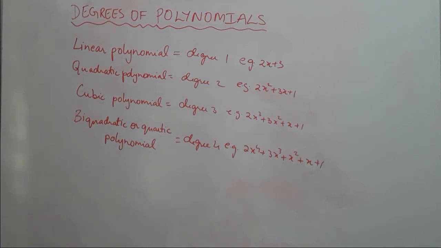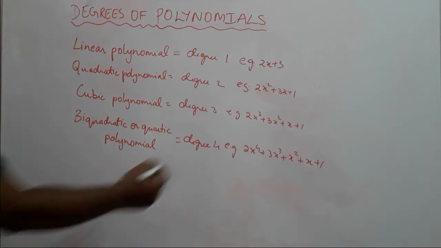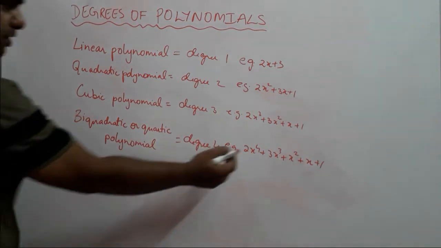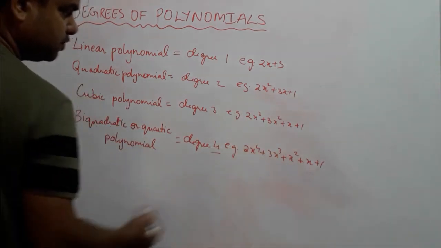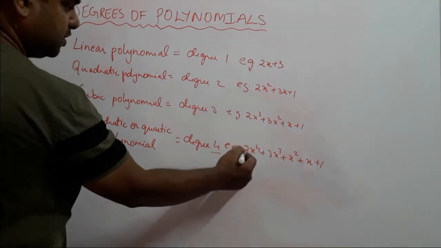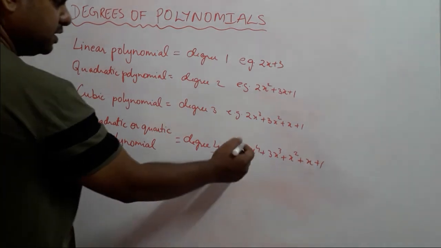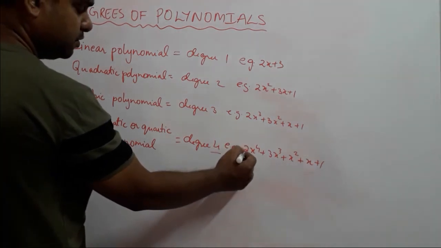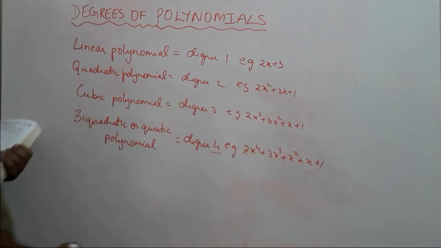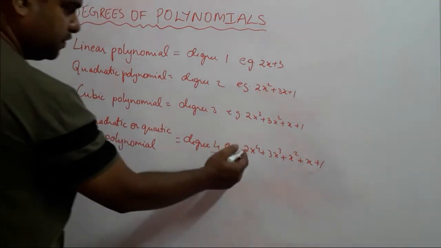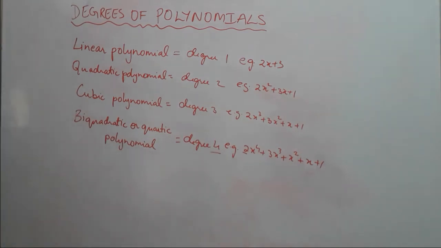In a biquadratic or quartic polynomial, the highest degree is 4. Have a look over here, the highest degree is 4. Now the coefficient of the highest degree should not be equal to 0, and the coefficients of all of these terms should be real numbers.